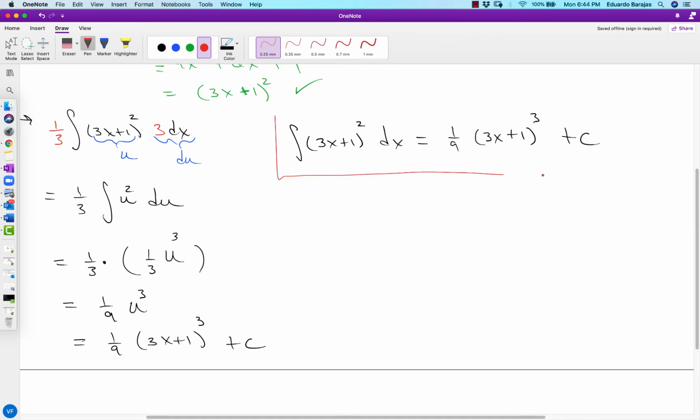Okay, so two methods that lead to two answers. And maybe at first it's not extremely obvious why they're equivalent, but they are.